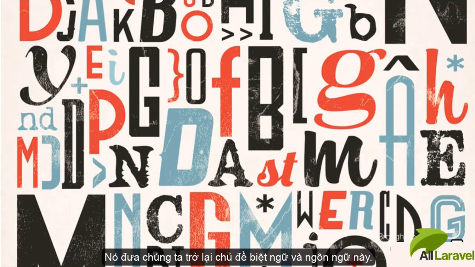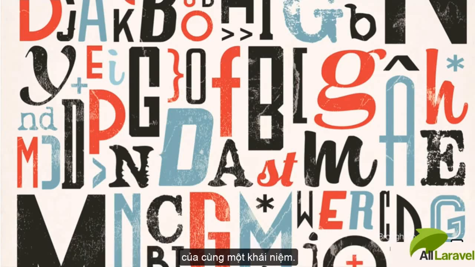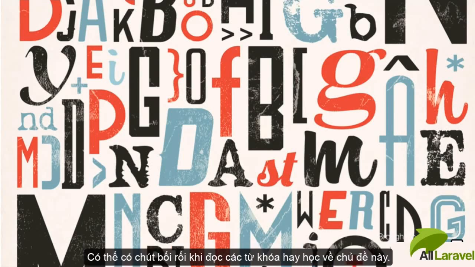And this brings us back to this topic of jargon and language, right? Because you have many different fields using different words for things that actually express a very, very similar concept, it can actually be a little bit confusing reading things or learning about this topic.